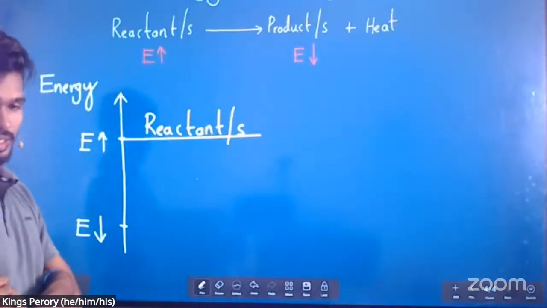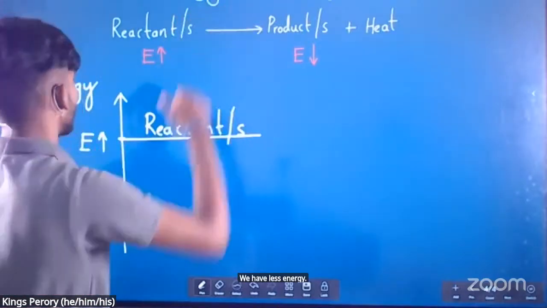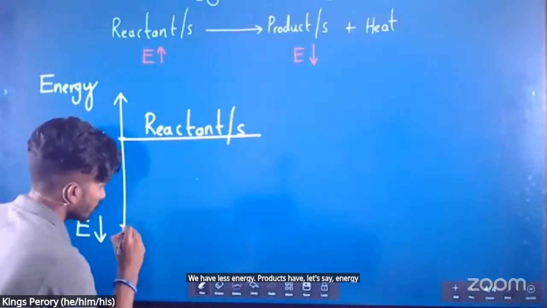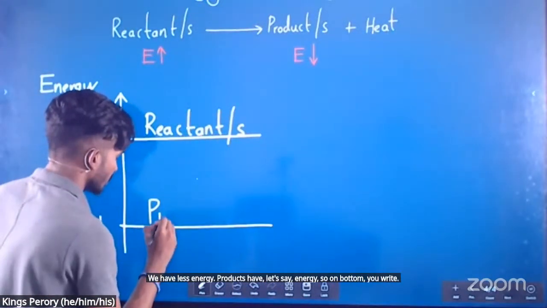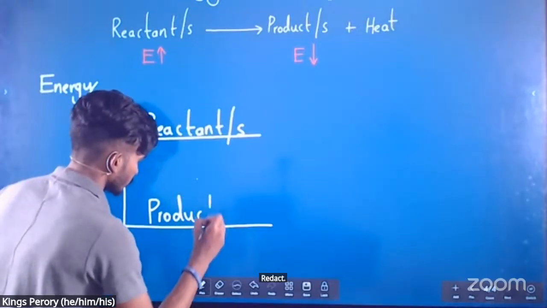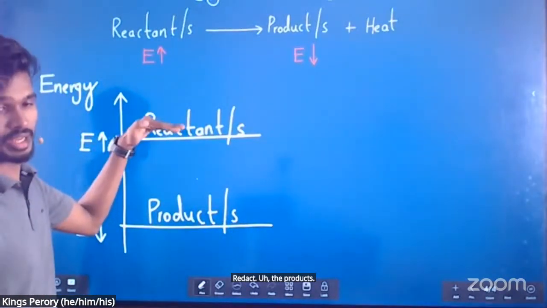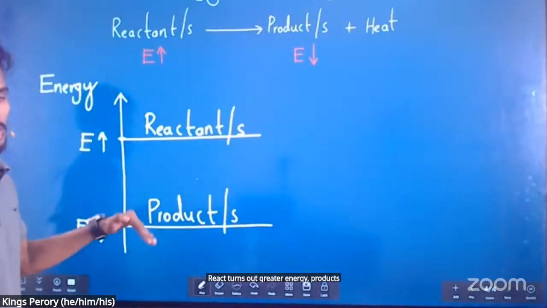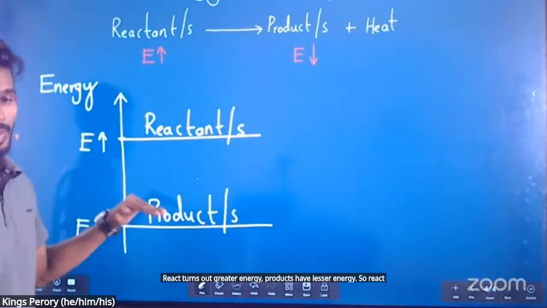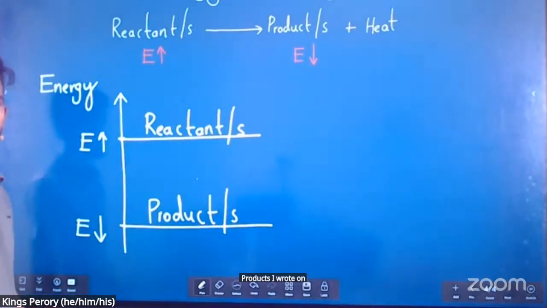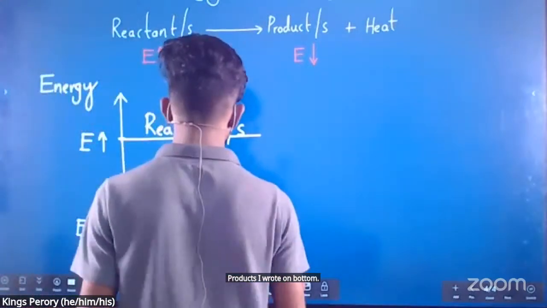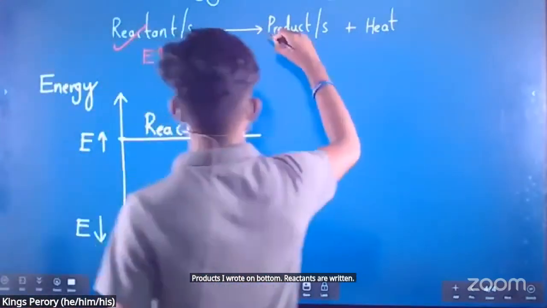Products have lesser energy, so on the bottom you write the products.